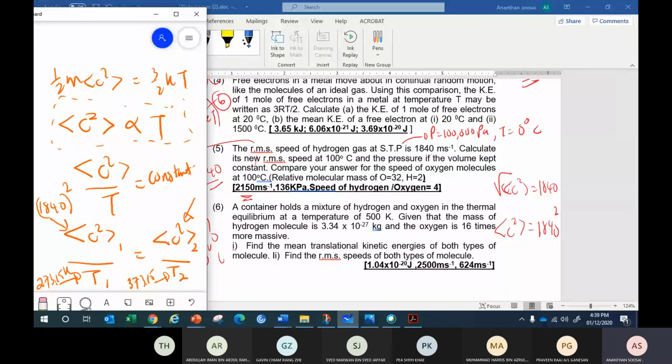Okay, so you get 2154 meter per second, everyone.